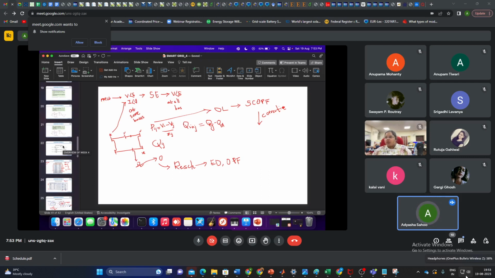One model is that as an aggregator you will participate in the distribution level market, where the distribution system operator will be the head. Let's say after satisfying its own need, some amount of bids it is having with the DSO, the DSO will further participate in the transmission level market. This is one of the models.